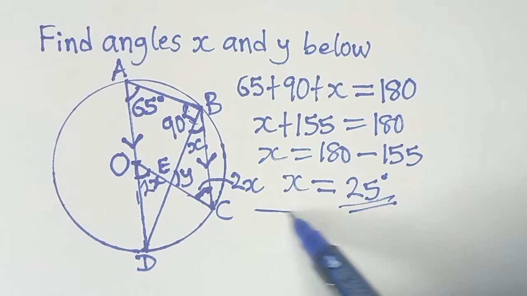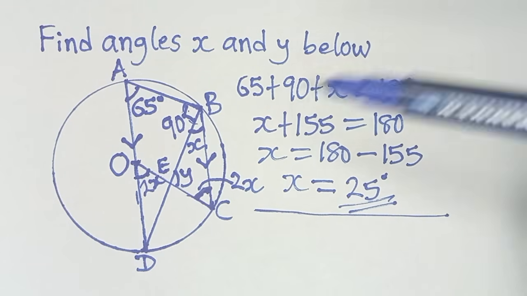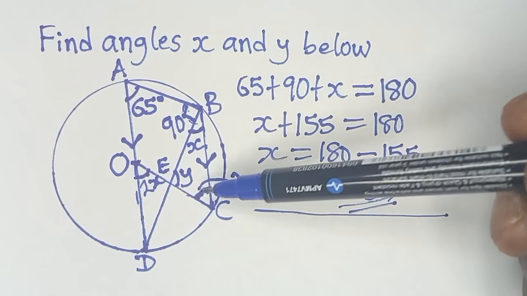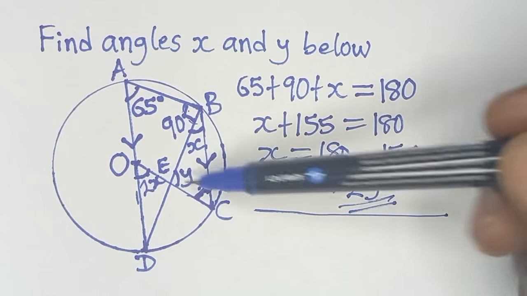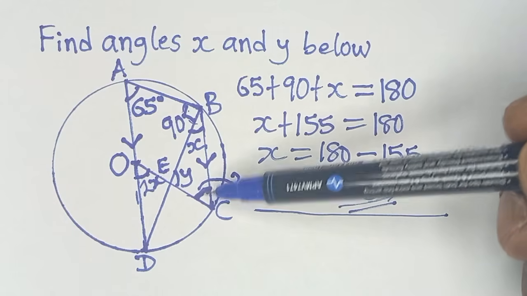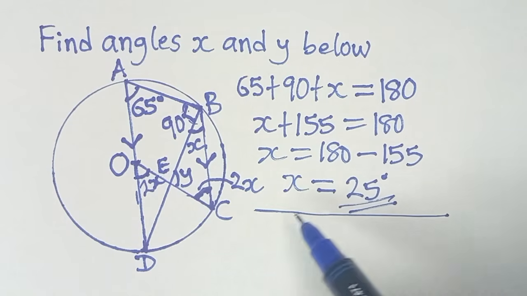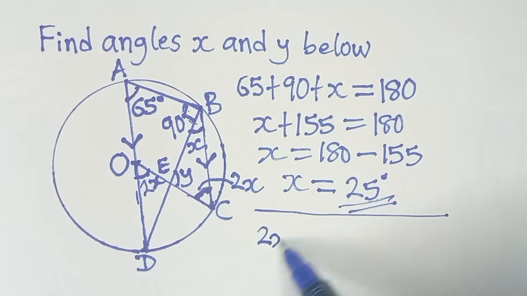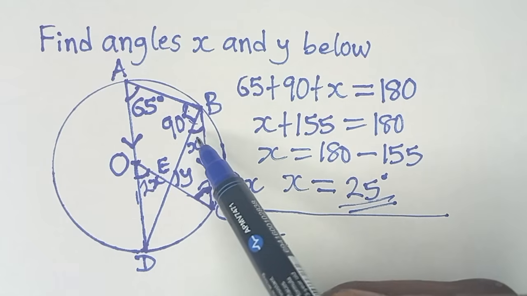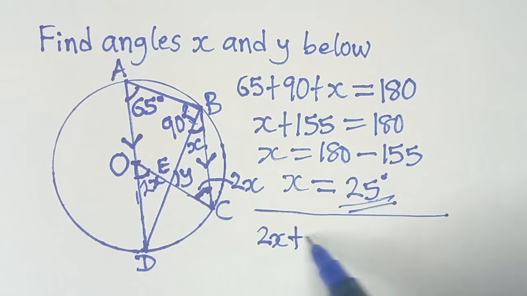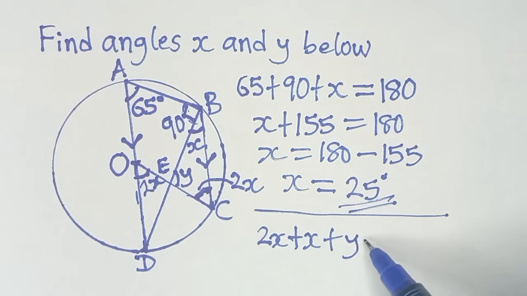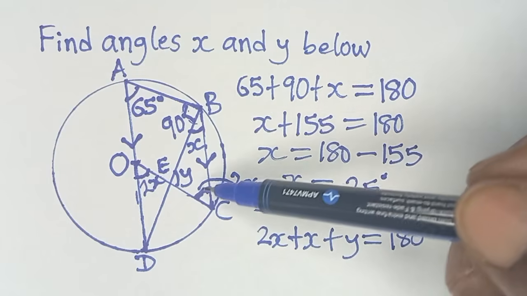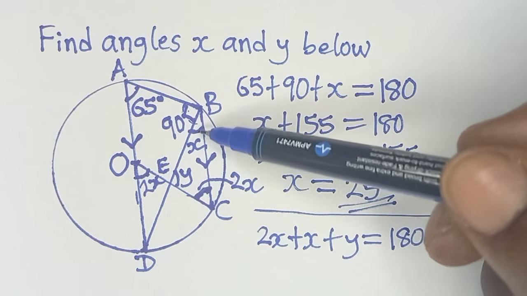Now, if you check this, you will see that this is a small triangle. And the sum of angles in a triangle is 180 degrees. So if I have 2x, which is this angle here, plus x, which is that second angle, and then plus angle y, all together give us 180, because the sum of angles in a triangle is 180 degrees.